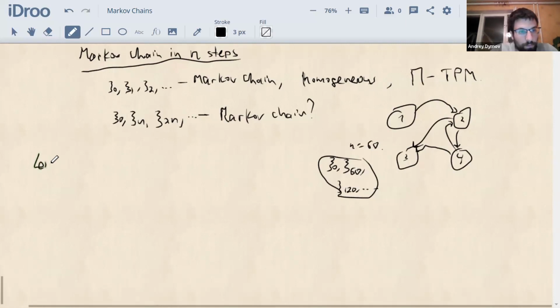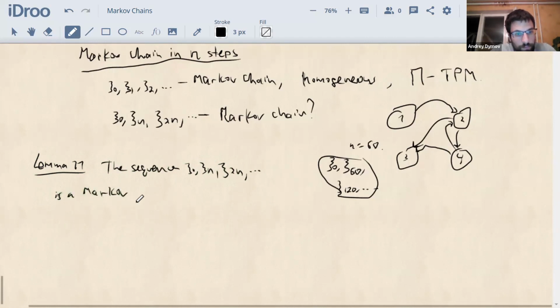So, Lemma 11: the sequence psi 0, psi n, psi 2n, etc. is a Markov chain with the transition probability matrix P to the power n.